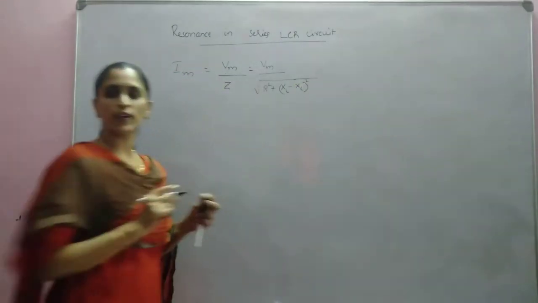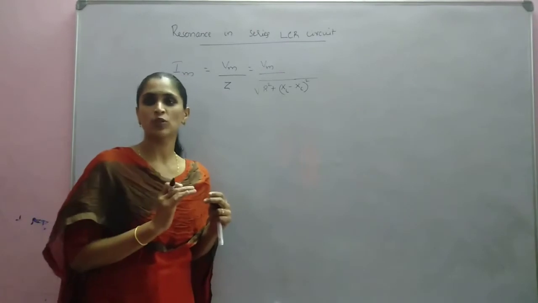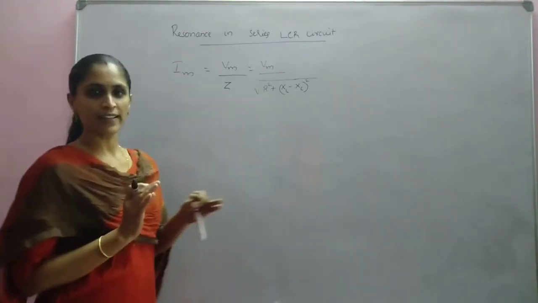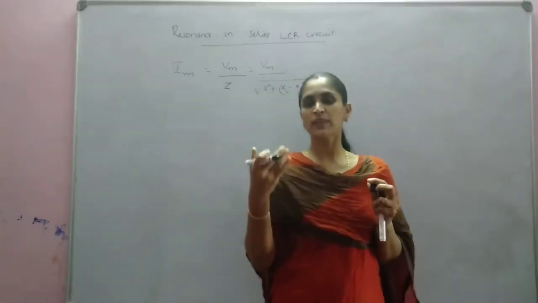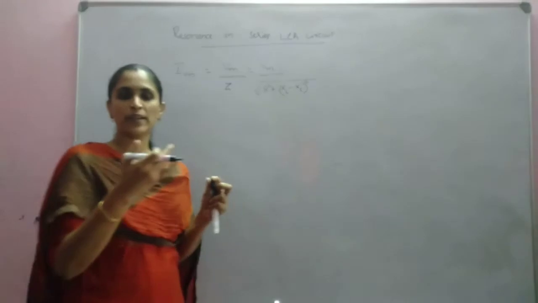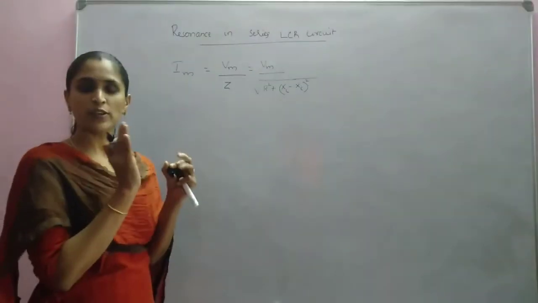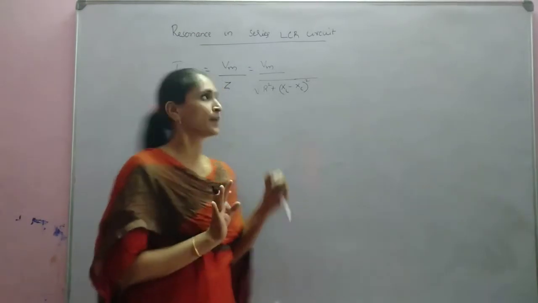Yesterday itself I told you, either we can write (XC minus XL) the whole square or (XL minus XC) the whole square. Both we can write, provided we remember that when writing that expression, tan phi is equal to (L omega minus 1 by C omega) by R, or (1 by C omega minus L omega) by R. We have to keep that in mind, that much only.